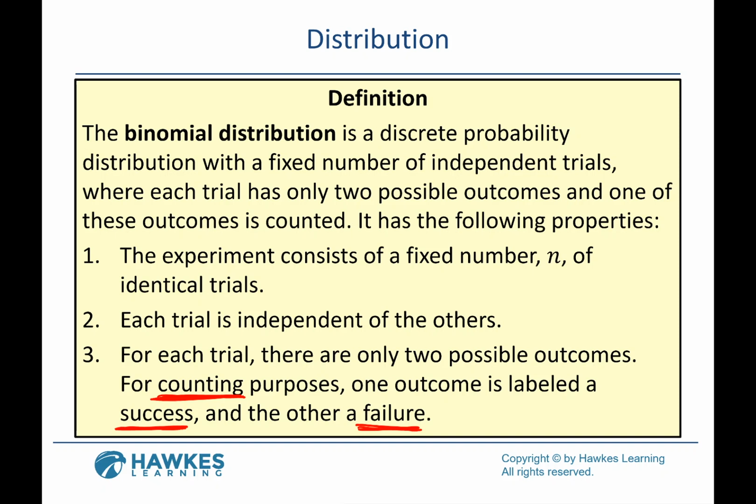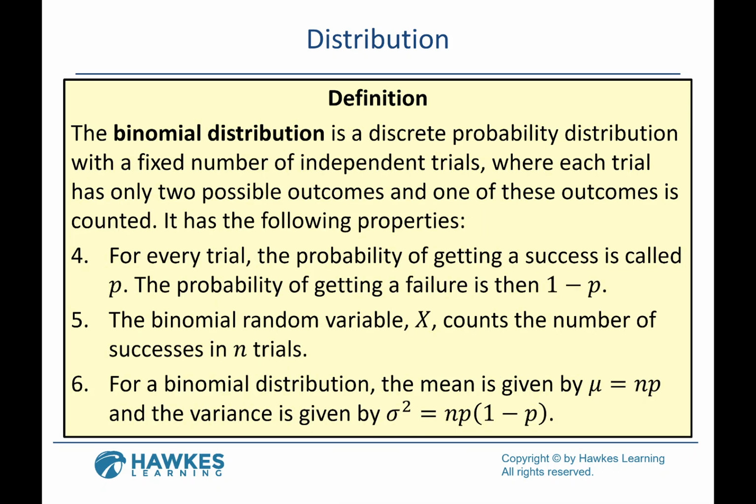These slides are on Canvas too. Number 4, the top part says the same thing. I had it all crammed into one slide, so I just made 2 so we could actually read it. Number 4 says for each trial, the probability of getting a success we call p.